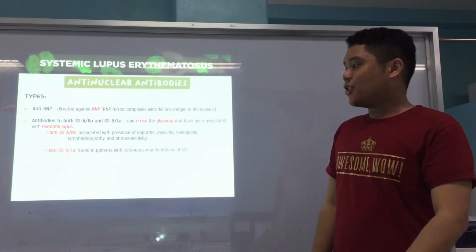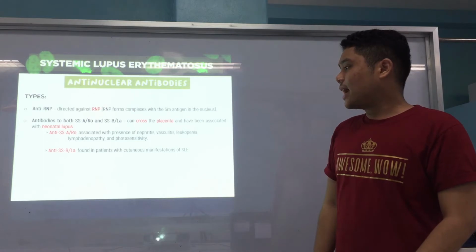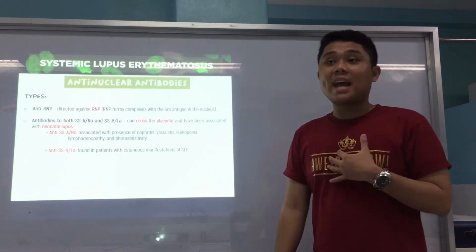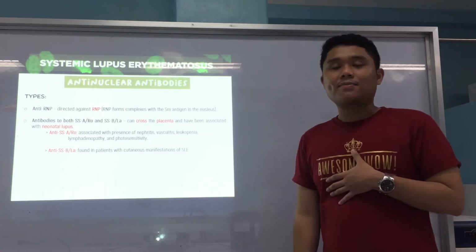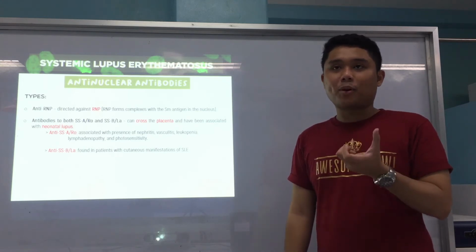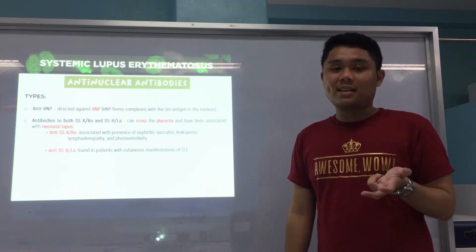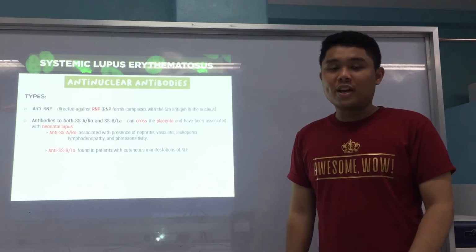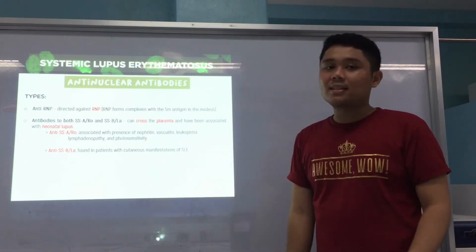And your anti-SSB-La can be found in patients with cutaneous manifestations of SLE. But the main importance is that they can cross the placenta and can cause congenital lupus if the mother has these antibodies.